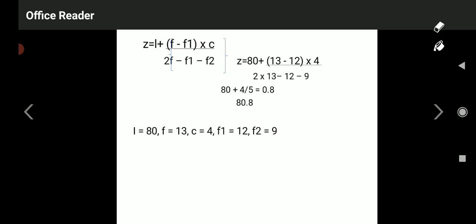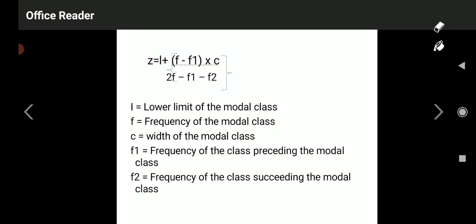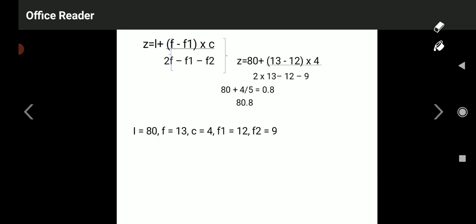f1 is the frequency of the class preceding the modal class, and here that is 12, and f2 is the frequency of the class succeeding the modal class, which is 9. So here 80 plus (13 minus 12), how much is that? 1. 1 into 4 is equal to 4, divided by 2 into 13, which is 26. 26 minus 12 is 14. 14 minus 9 is equal to 5.